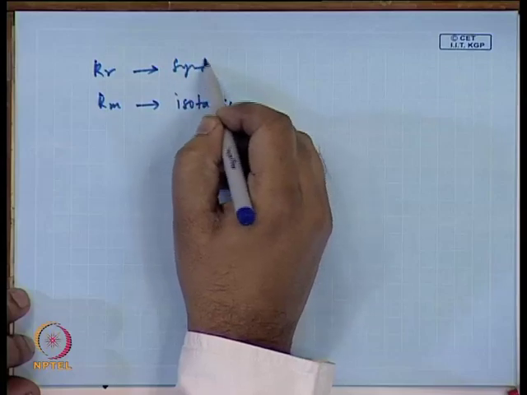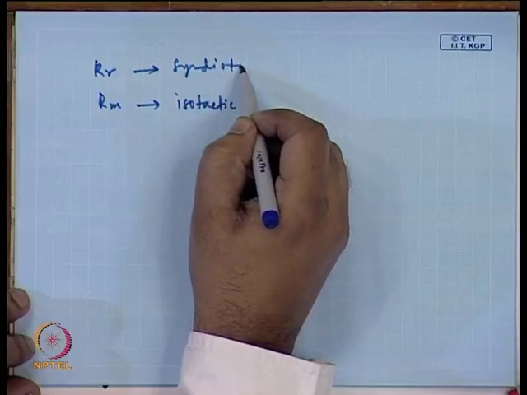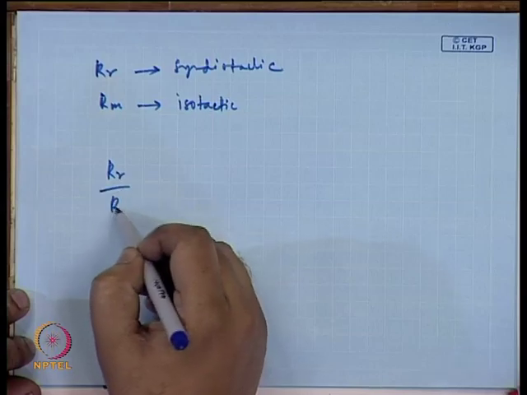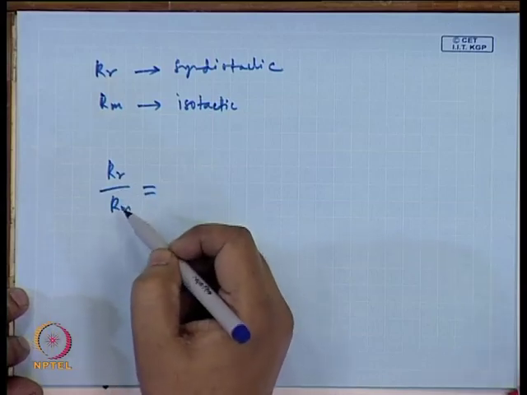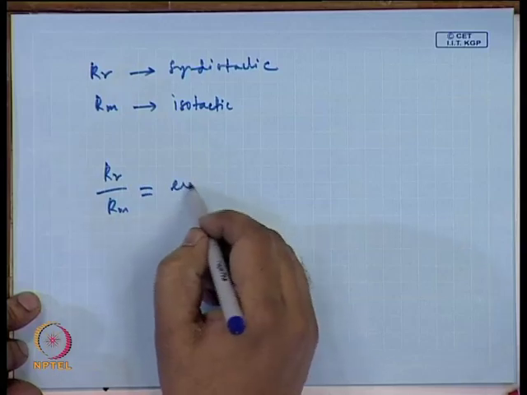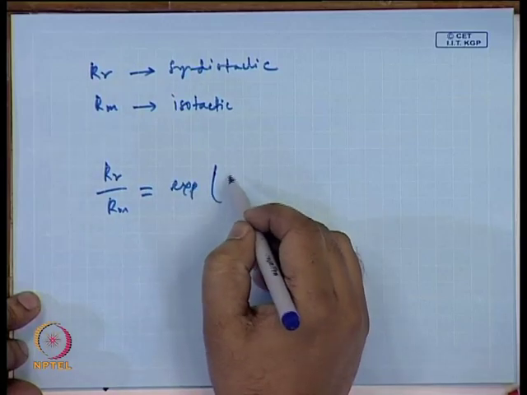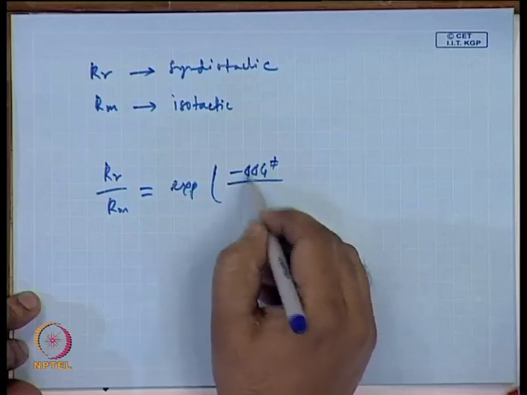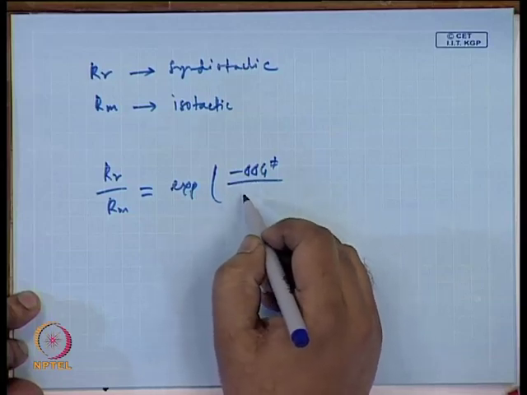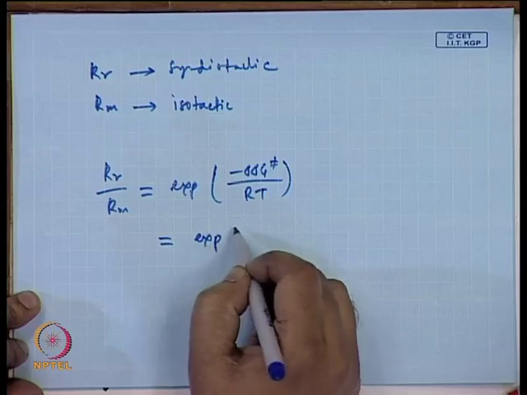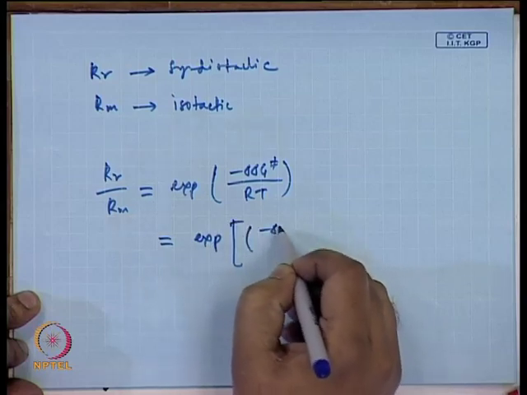This is syndiotactic addition. Now, their ratio will determine which product dominates, and that is determined by the difference in the Gibbs free energy of activation between the two routes, where we can write like this.